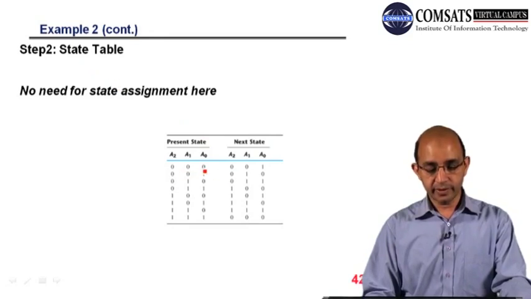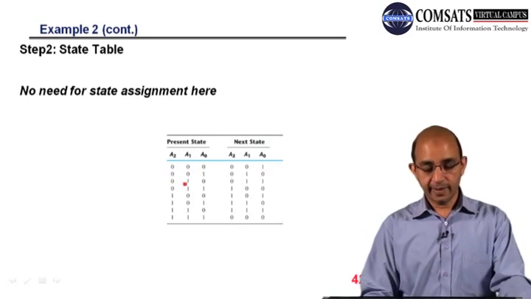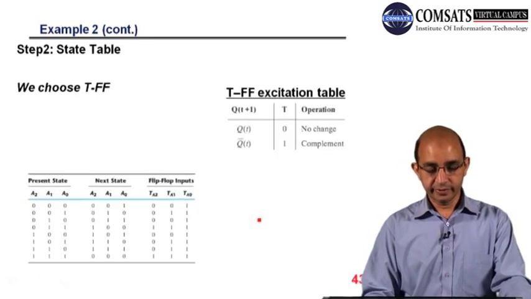These are the present states and these are the next states. If we have a clock here, this is the present state, and on the arrival of the clock, this is the next state. After 1 1 1, we have next state 0 0 0.